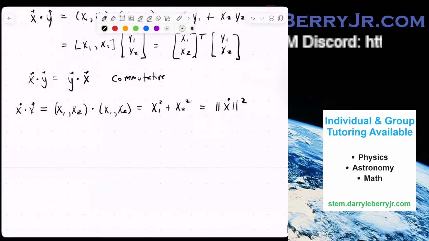And length is always positive or equal to 0. So this is going to be greater than or equal to 0. And it's only 0 if x equals 0. If and only if. And it should go either way. Magnitude of x equals 0.